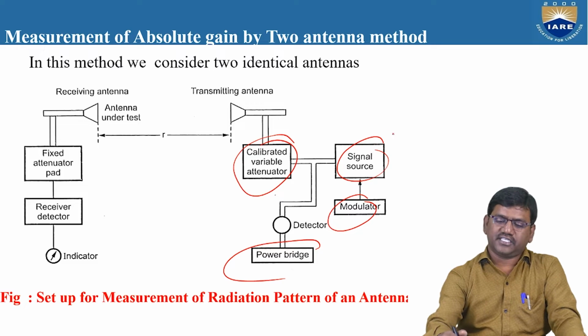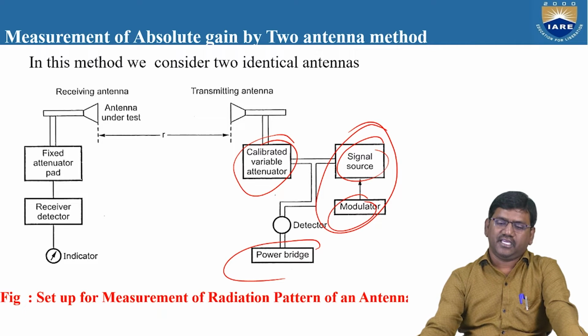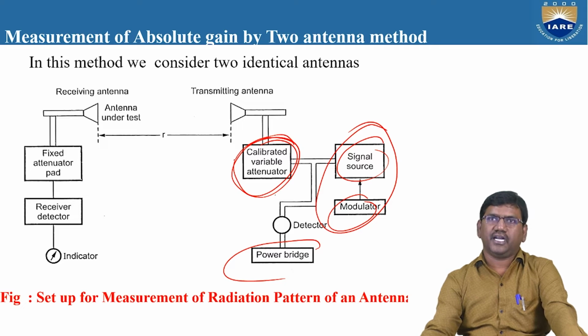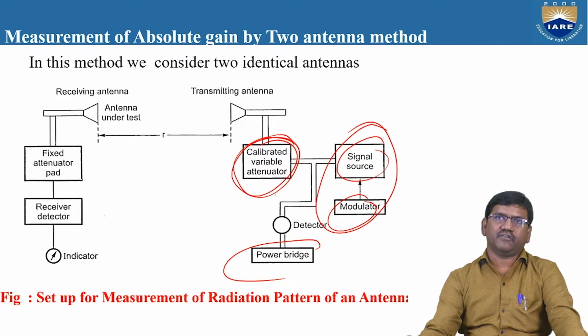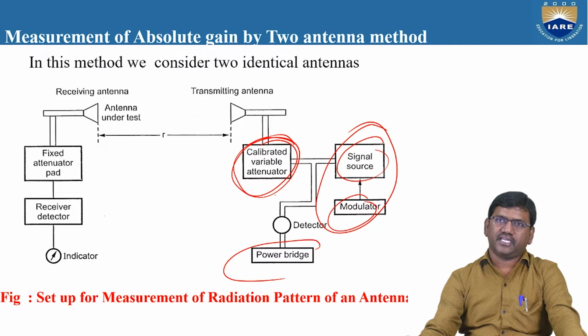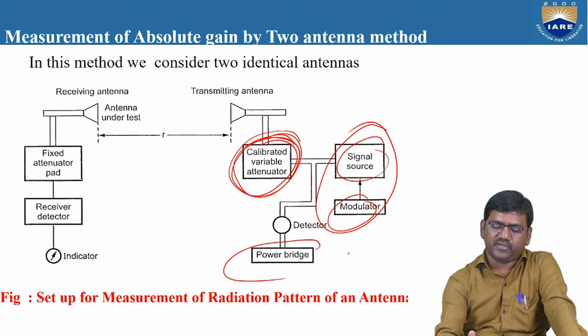After the signal is modulated, this modulated signal is given as input to the attenuator. Whatever amount of signal we want to give to the transmitting antenna, that much can be given by means of a variable attenuator.